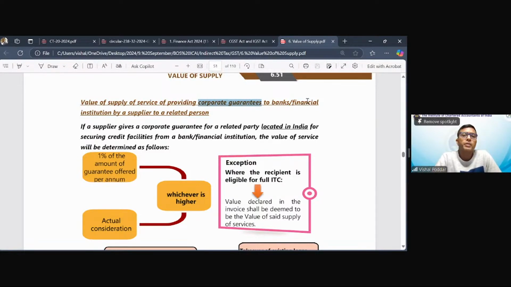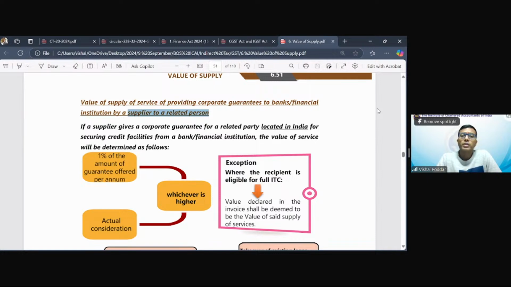Now, see, there are three persons: director, company, and the bank. Now, the bank is giving a loan to the company. And for this loan, the director stands as a guarantor. So, there is some service given by the director, who is a supplier over here, to its company, which is a related party as per the definition of related persons.